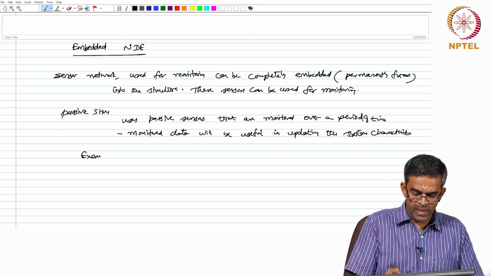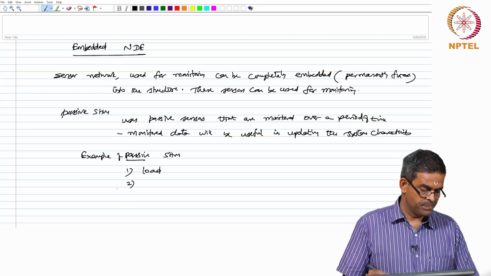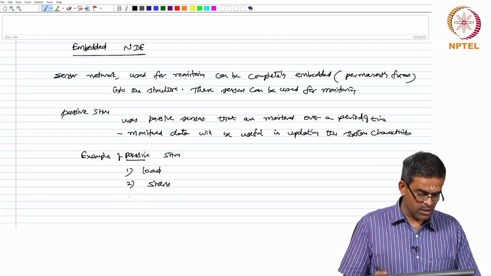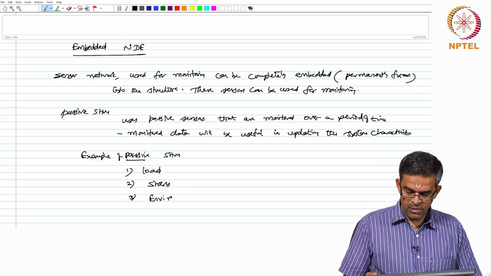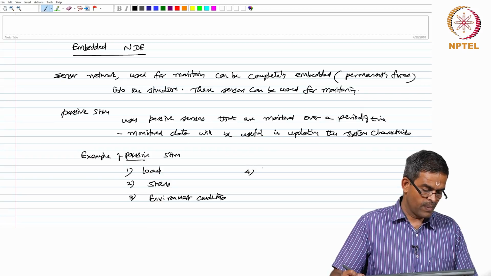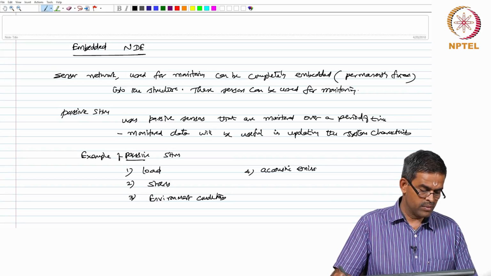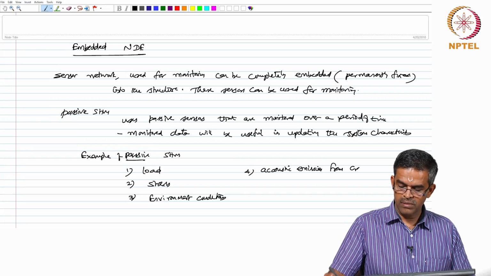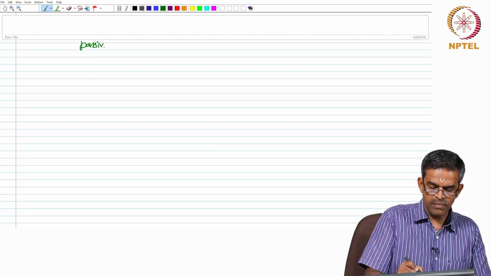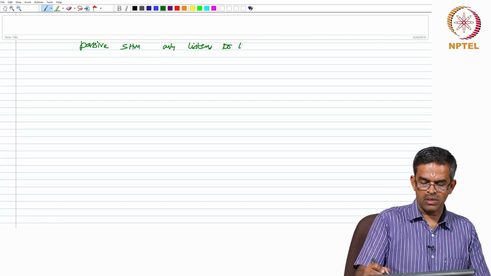Now, examples of passive sensors: load sensors, sensors to measure stress, sensors to measure environment conditions, acoustic emission from cracks, etc. Interestingly, passive SHM only listens to the structure.